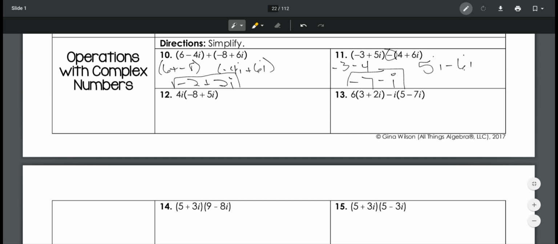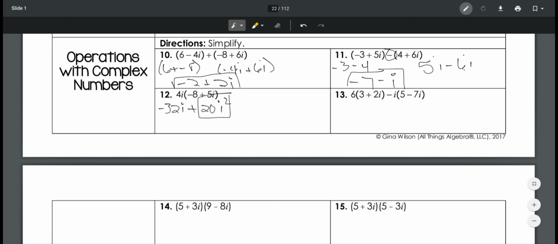In number 3, you can clearly see that looks like a distributive problem, so we're going to distribute. 4i times negative 8 is negative 32i, but watch what happens when you multiply a 4i times the 5i, you get 20i squared. Now, I mentioned earlier that you cannot have anything bigger than an i, so we're going to have to simplify this part right here.